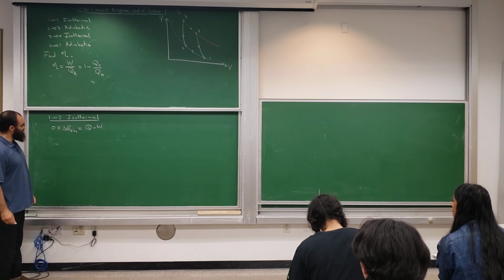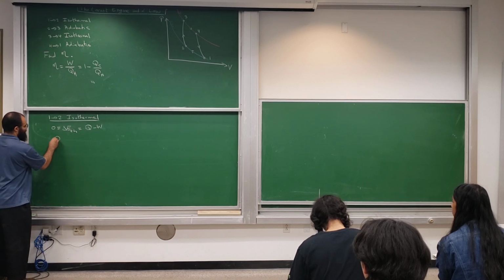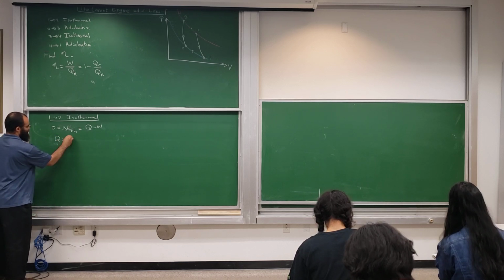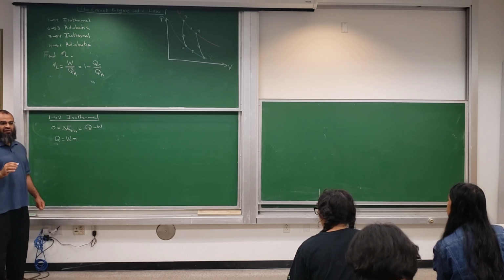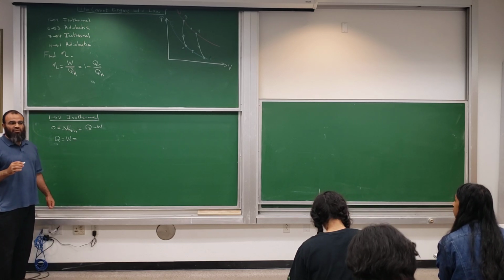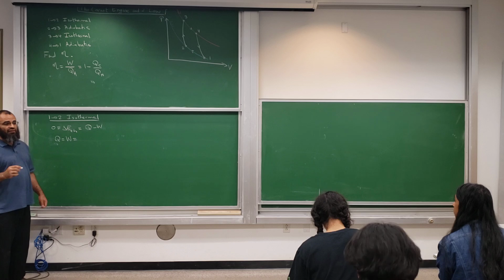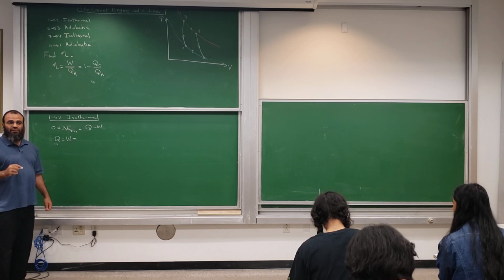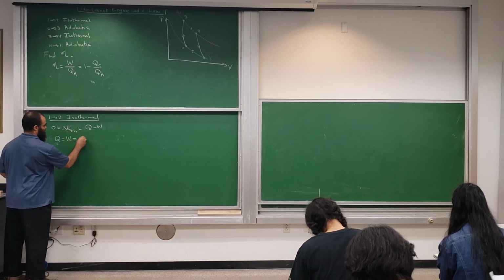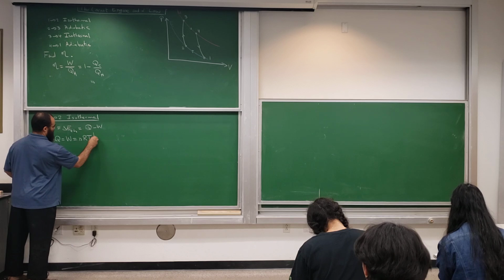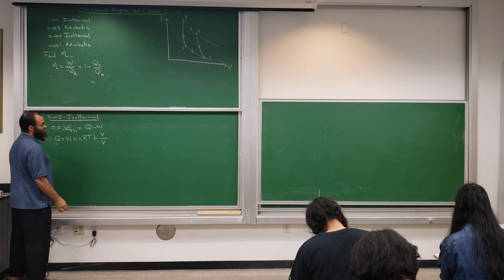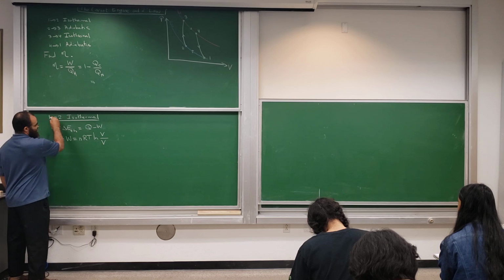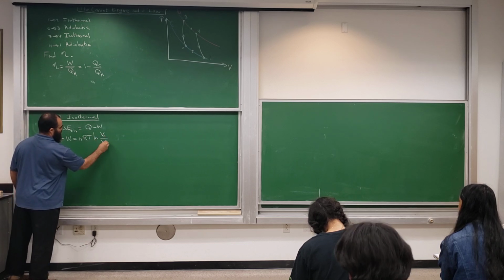And that means Q is equal to W, and W for an isothermal process is what? W is the work done by the system. What is that? It's nRT ln of V final over V initial, right? And in this case, the final is 2, the initial is 1.